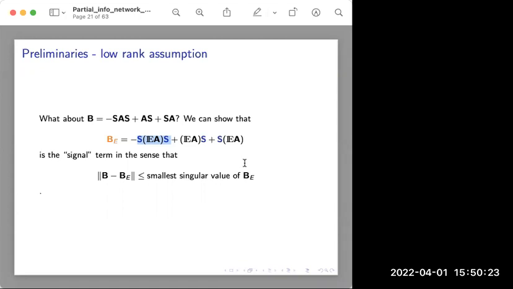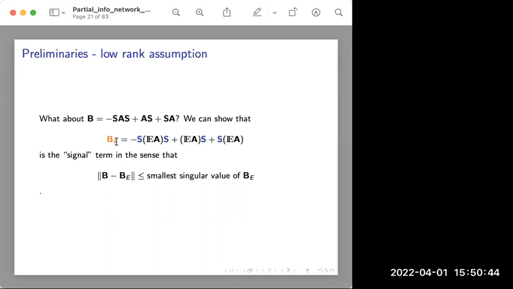However, when you square the expected value of S, you get probability squared. We're always interested in sparse networks in this setting, so P is going to 0. So the expected value of S squared is much smaller than the square of the expected value of S. So the signal term in this case for B turns out to be random itself.